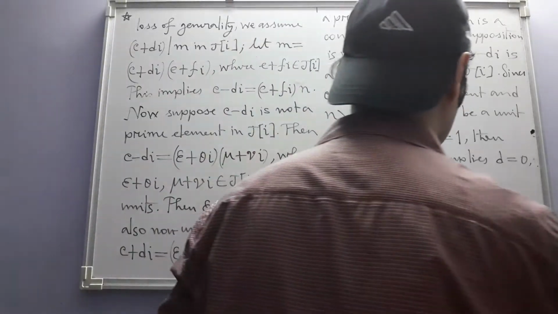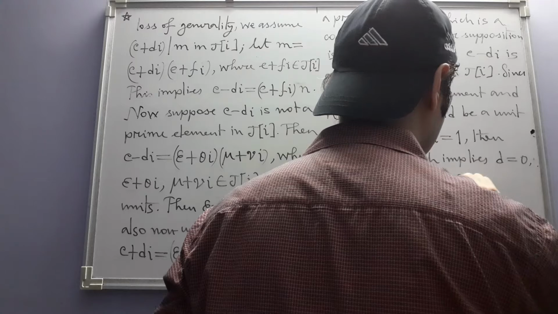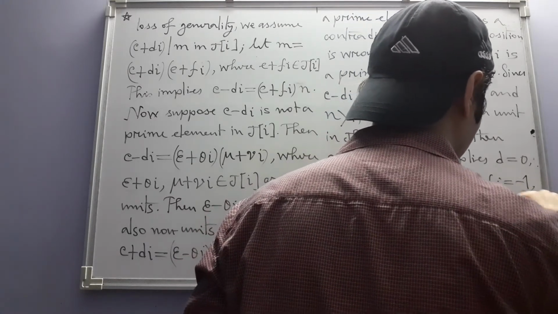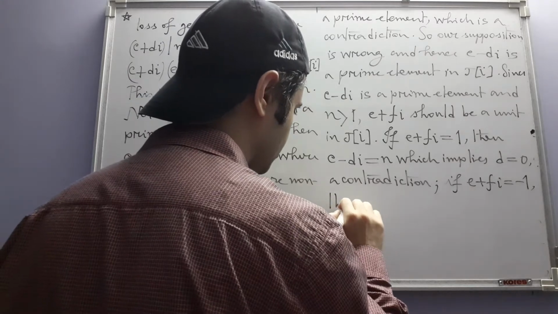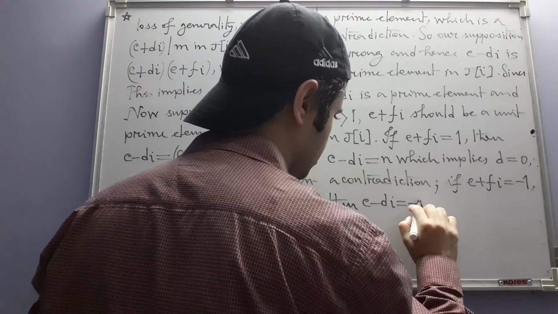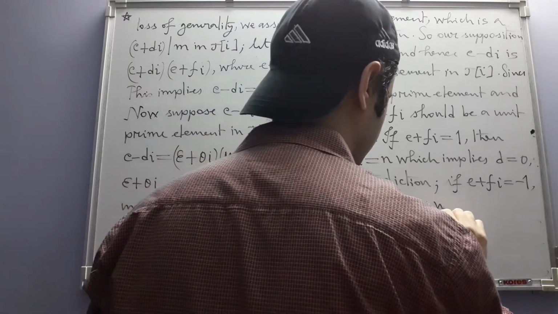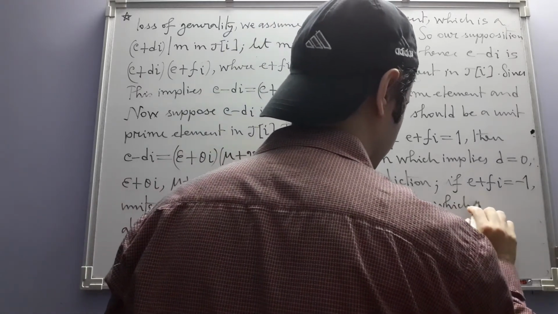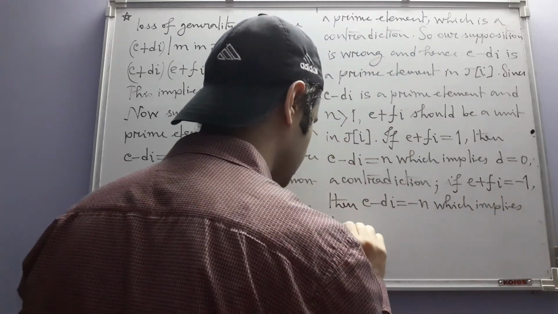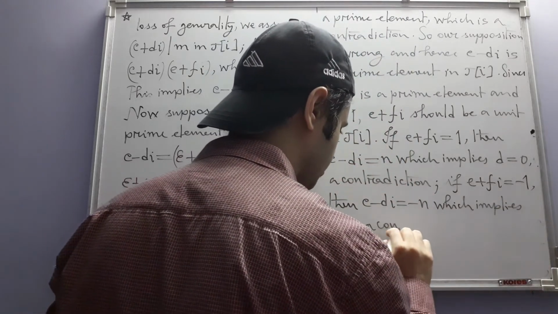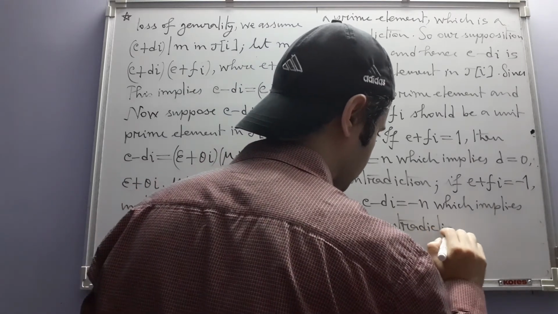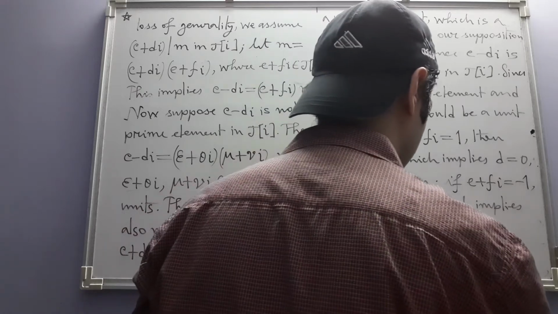and now perhaps you can understand how we are going to handle the other cases. Anyway, I am going to write, if e plus fi is minus 1, then again c minus di is minus n, which implies d is equal to 0. A contradiction.